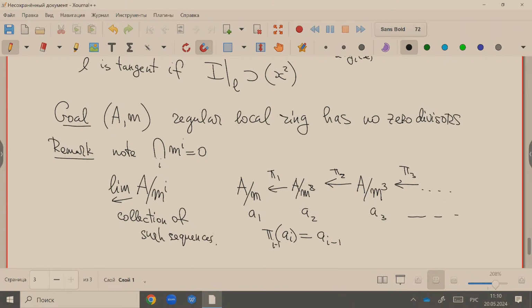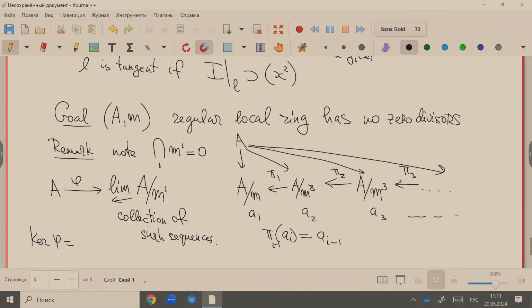And notice that you also have the map from A into the elements of the system. A maps to this kind of thing, and of course the kernel is just the intersection of all m^i. So phi is the natural map, and the kernel of phi is the intersection of all m^i, which is equal to 0 in this case.